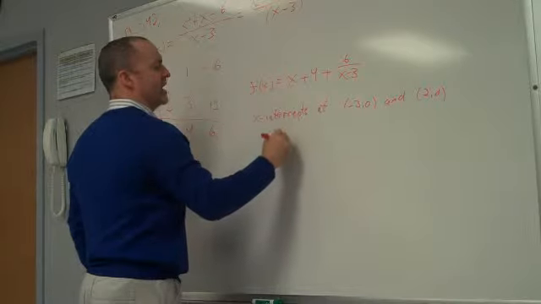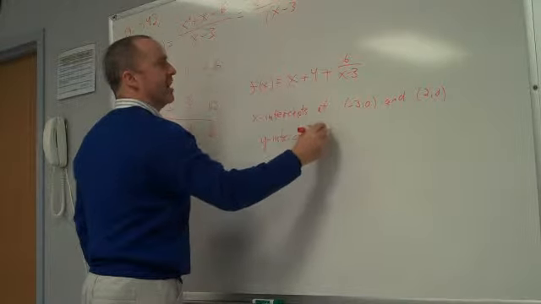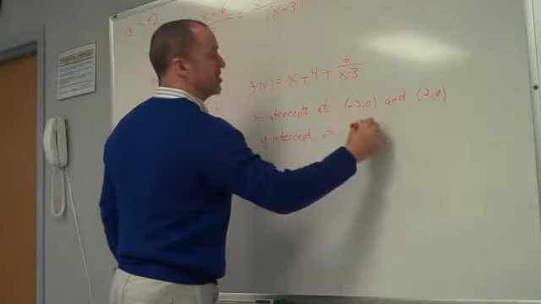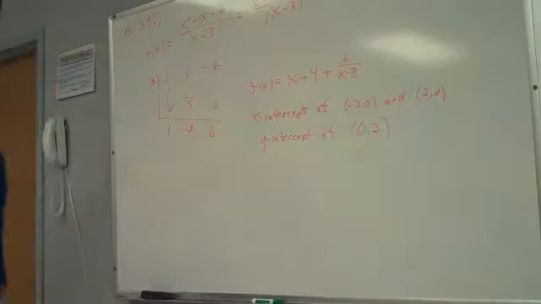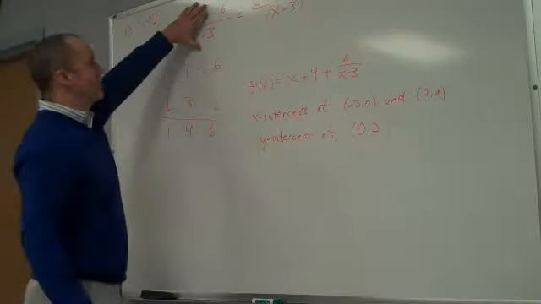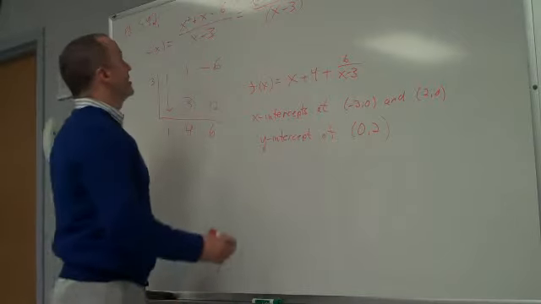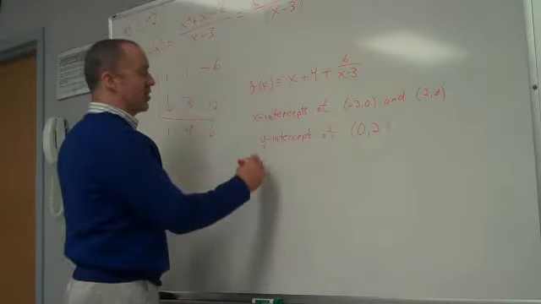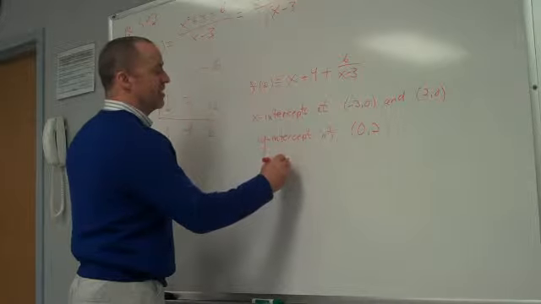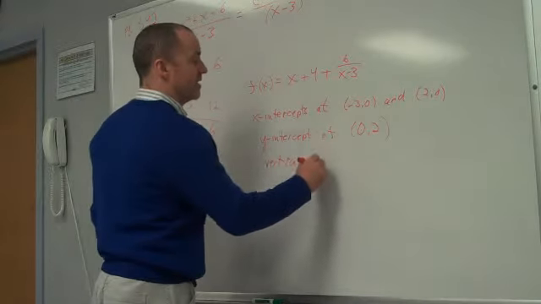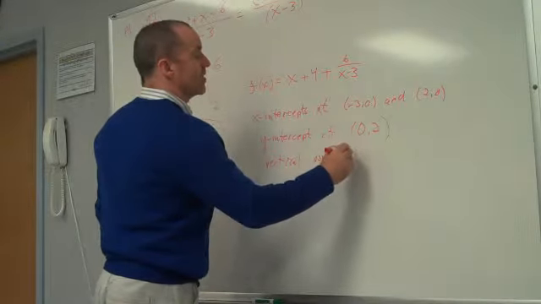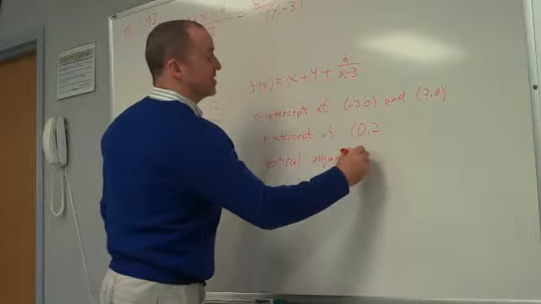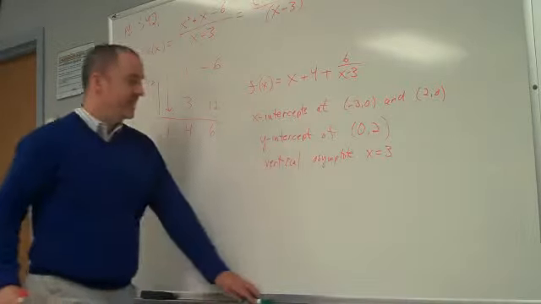So I know it has a y-intercept of 0, 2. Is that correct? Yep, put in zeros, it all goes away. That's positive 2. Good. Slant asymptote we did. Vertical asymptote is at x equals 3.